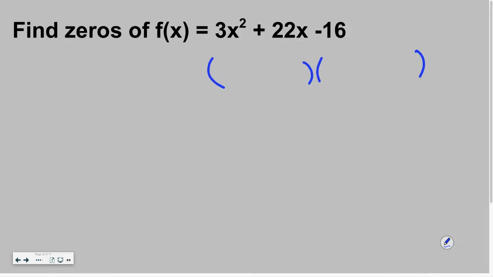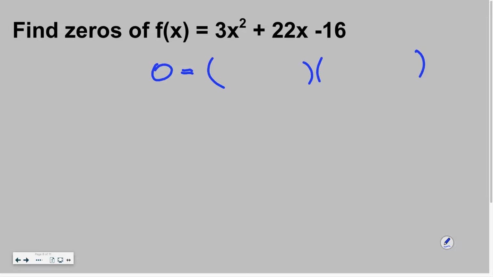Okay? And that's something else we'll get into in chapter 2. Graphing would be another way to find zeros, but here again, that's not going to be super helpful on this one. Okay. So if we were going to solve this one, okay, factoring is probably going to be our best option if we didn't have a calculator.